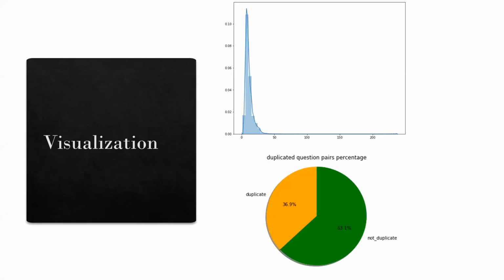The histogram on the top right shows the frequency of how many words are in each question. We can see most questions have less than 20 words, but some questions have more than 200 words. And also in my dataset, 63% of question pairs express different meanings. Only 37% of questions are duplicated. It makes sense because most people ask different questions.